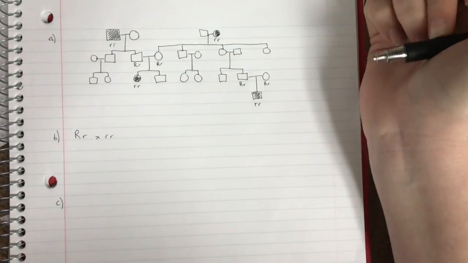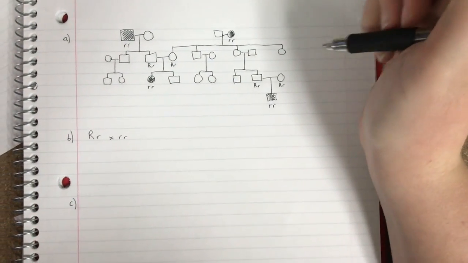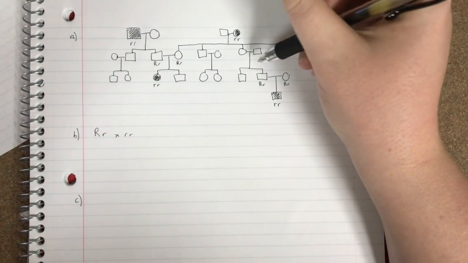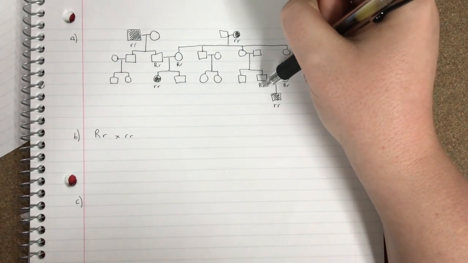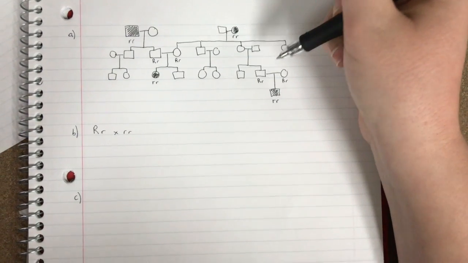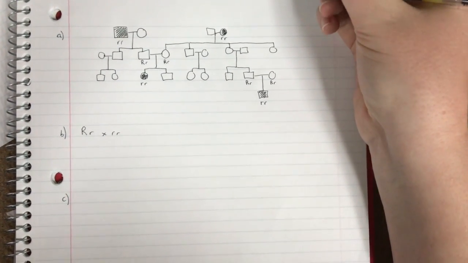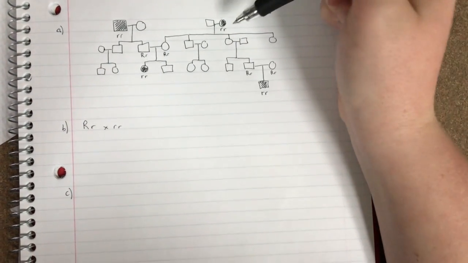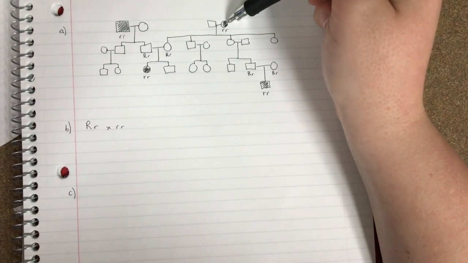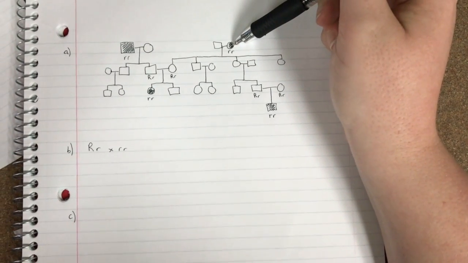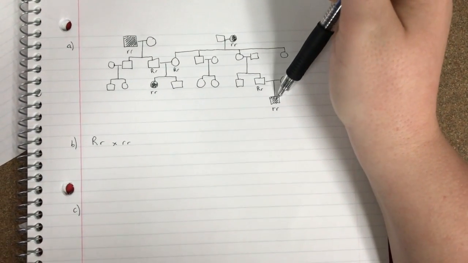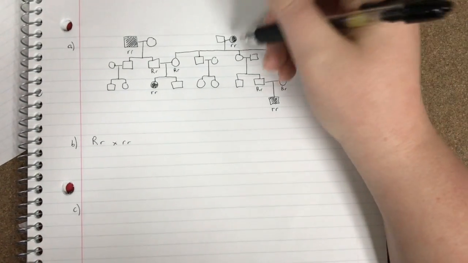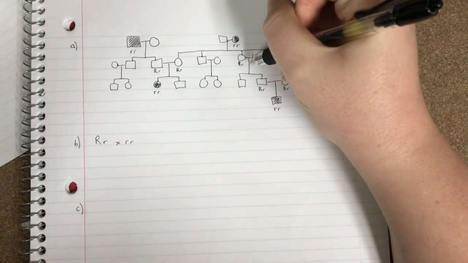We know that for individuals that were able to receive an R, or a small r allele, they're going to have a parent that has at least one. And then we can also know that it generally follows through generations. So we know that because this individual that's affected has this individual that's also affected as a descendant, this gene most likely came from this individual.